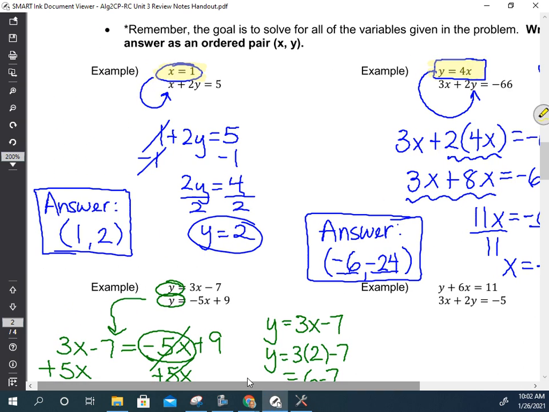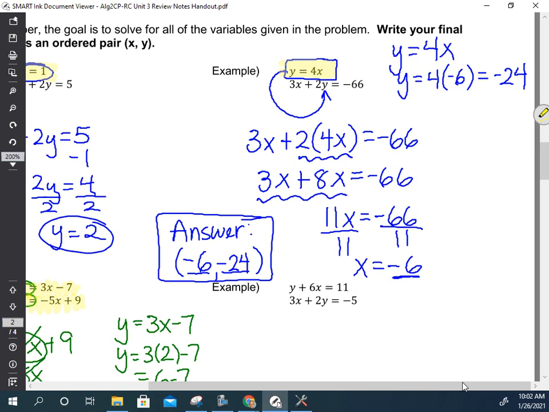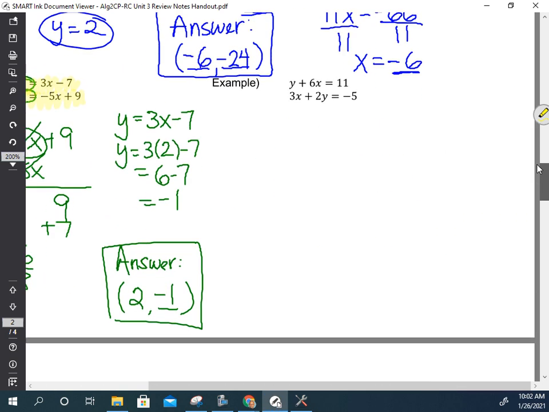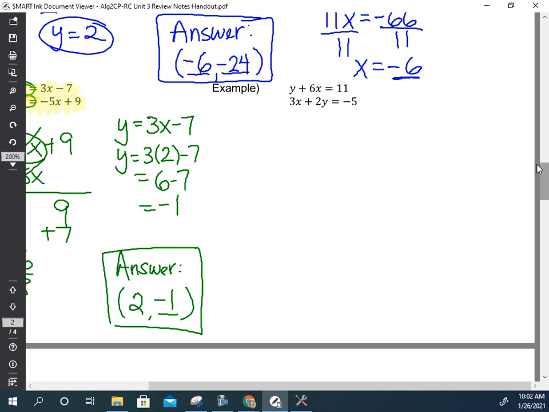For the third example, you had two equations with something by itself. This fourth example, though, we ain't got nothing by itself. So we have two equations with nothing by itself.